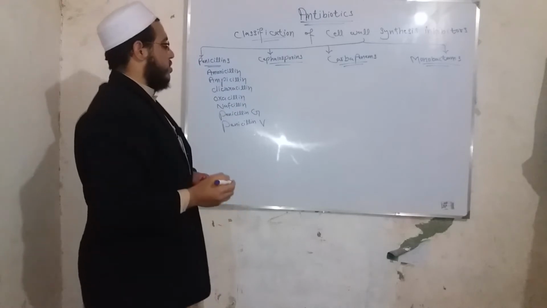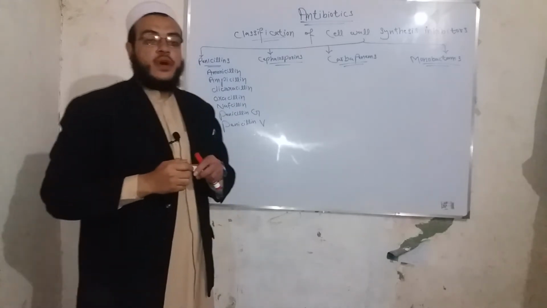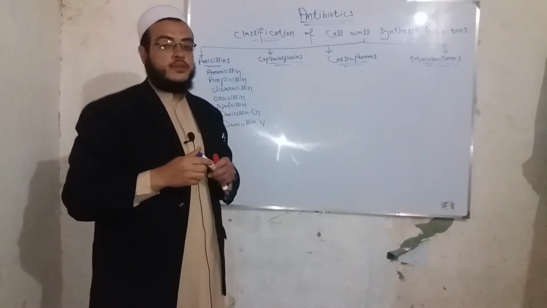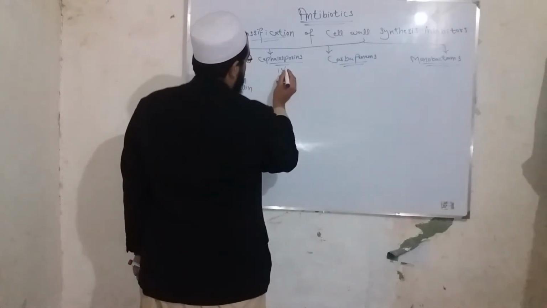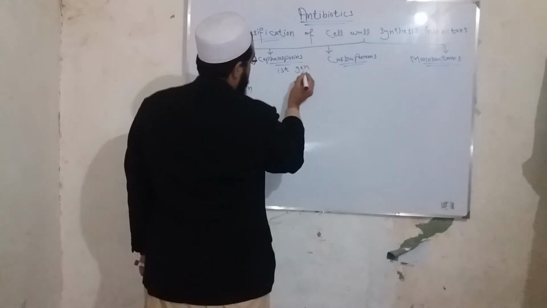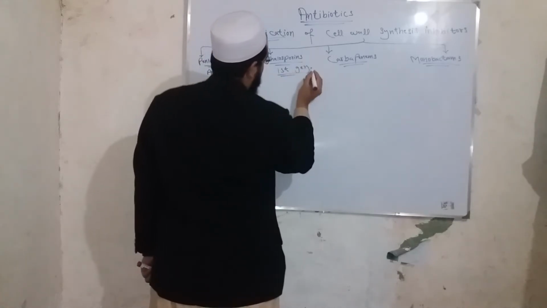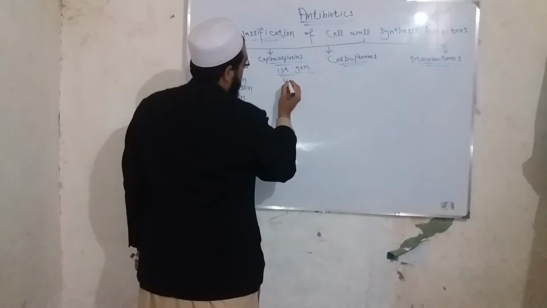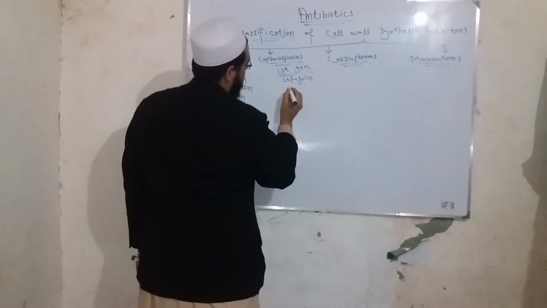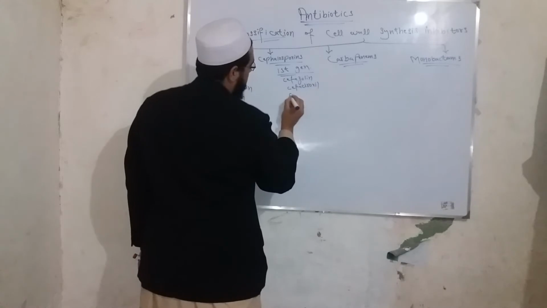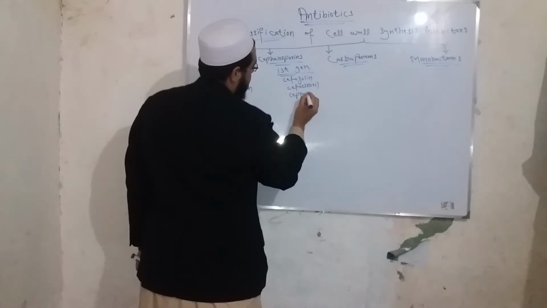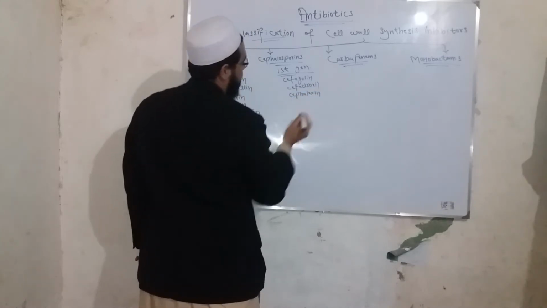Then cephalosporins are further classified into first, second, third, fourth, and fifth generations. In first generation, which drugs are present? Cefazolin, cefadroxil, cefalexin.